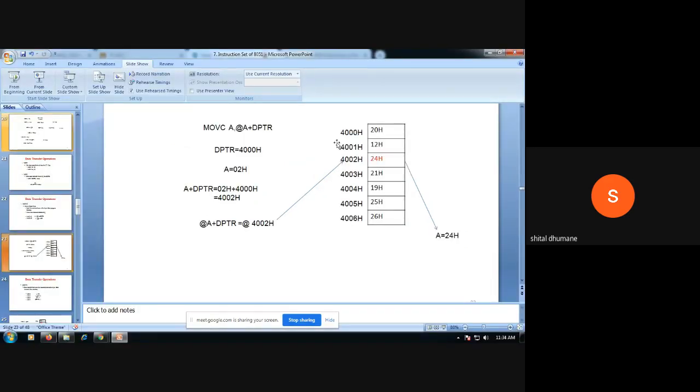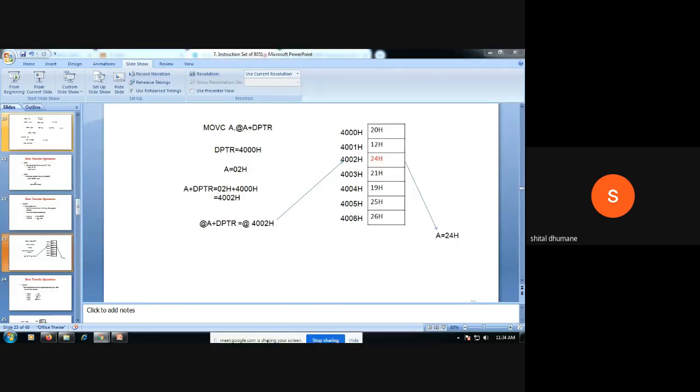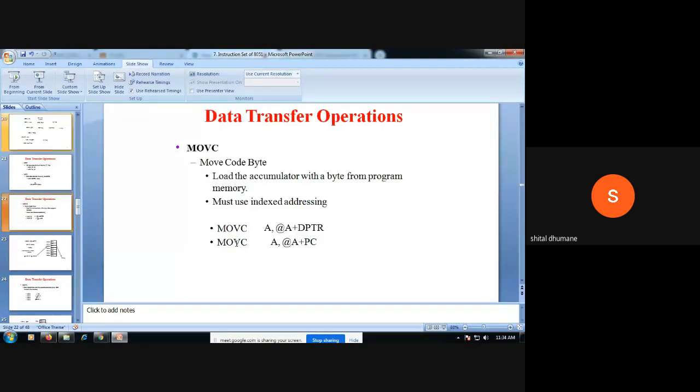I think all of you are getting this MOVC instruction, because it is the most important instruction. Every time in the exam this instruction will be asked, and your examiners also ask you to explain it. I told you two instructions are there: MOVC A, @A+DPTR, which we just saw with an example, and one more instruction, MOVC A, @A+PC.